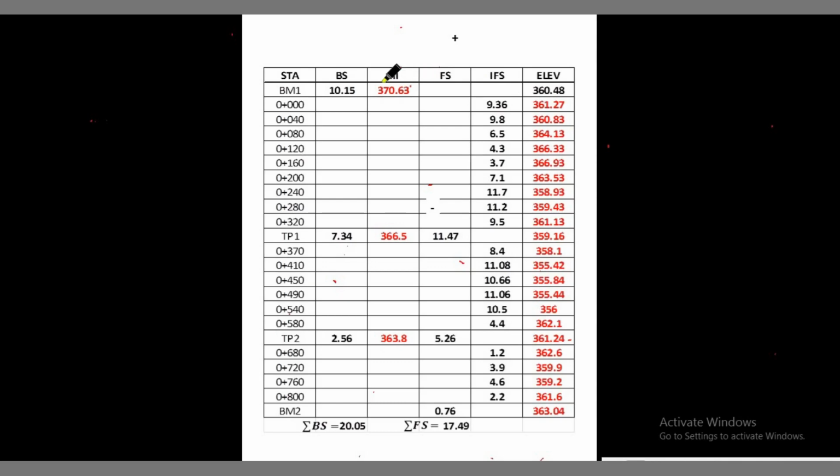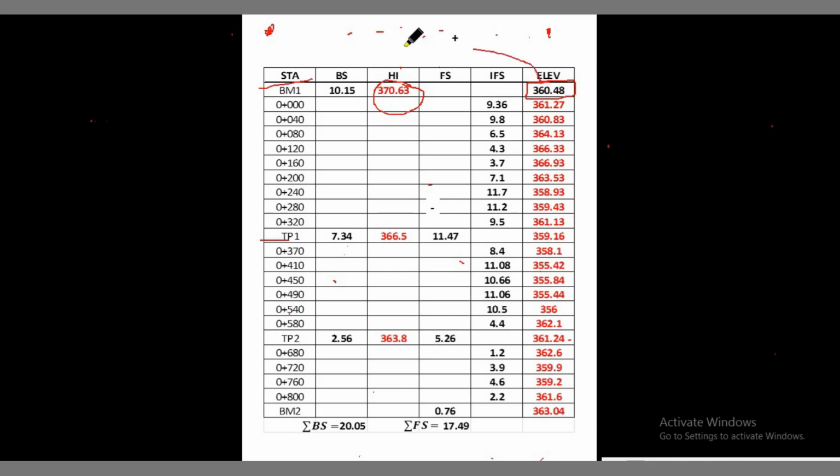Tapno alaok daytoy HI. Daytoy BM1 ken ni TP1, no i-plot ko kuma, daytoy ni BM1, daytoy ni TP1, we call this a full station. Tapos adadagi points within them. Iso dagitoy 00, 040, 080, dagita. So kasano ka naala di 370.63. Given daytoy elevation ni BM1 nga 360.48.